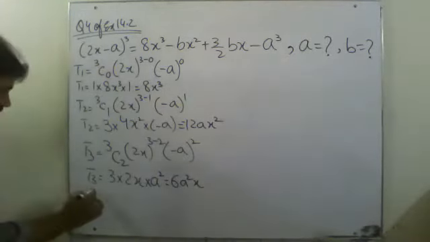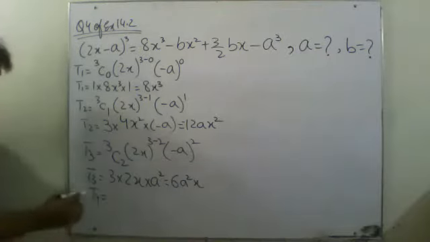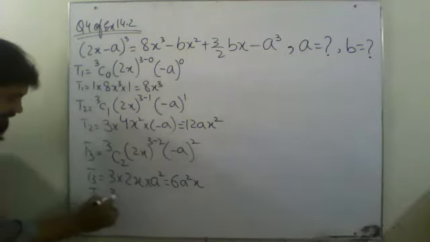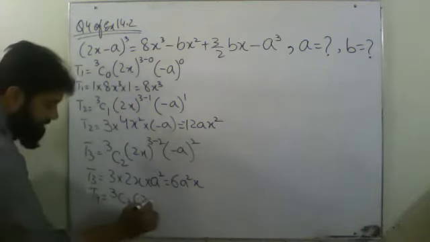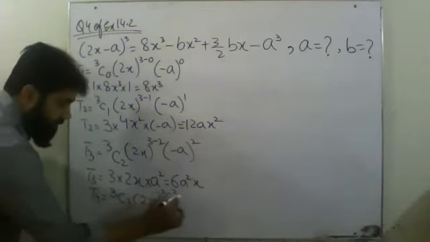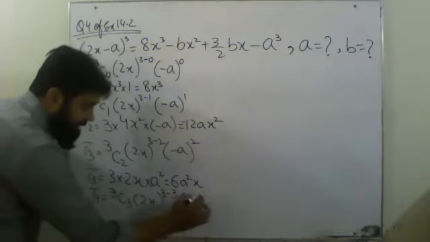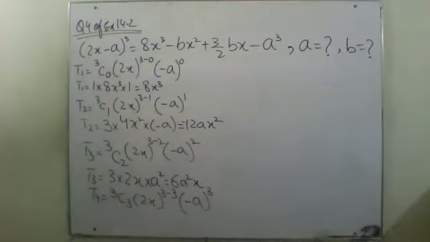Last one, T4. T4 will be 3C3, (2x) to the power 3 minus 3, and then (minus a) cube.